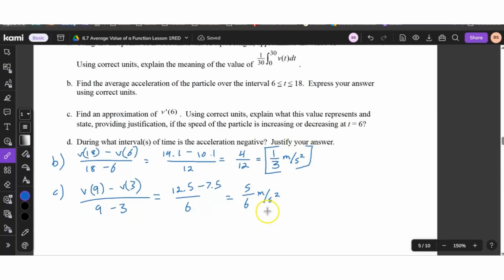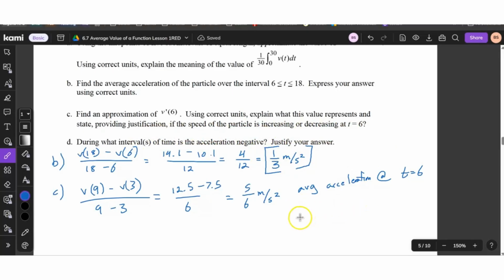All right. Now also explain what the value represents. Yep. So first I got to explain what it means. That would be our average acceleration at t equals 6. Provide justification if the speed of the particle is increasing or decreasing. That's a weird way to say that, but whatever.